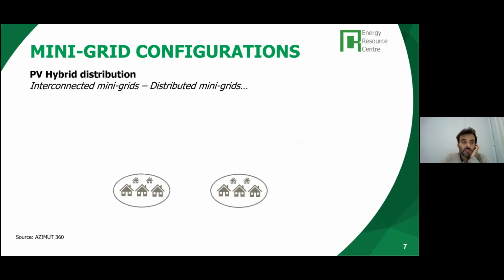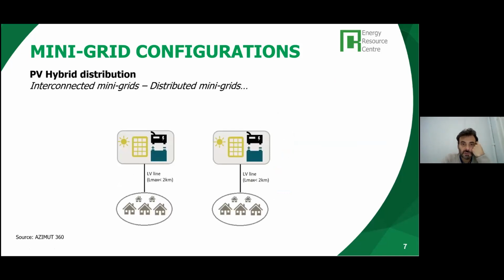In the next session we will have on Wednesday, we will be discussing in detail the case of the interconnection of mini grids. That is another configuration. You can imagine a rural community that eventually has a mini grid for each community, and at some point the grid arrives, or the grid is not far from these communities.